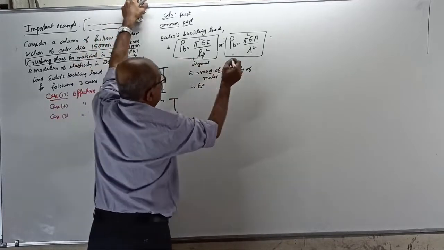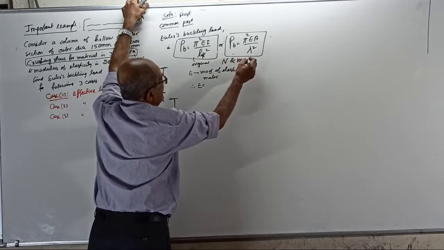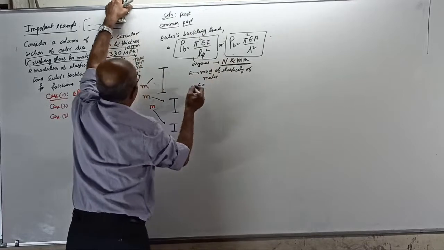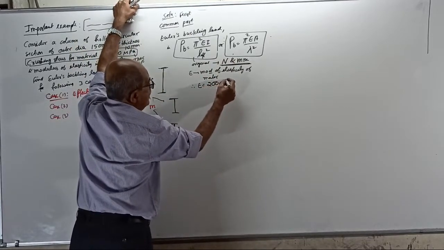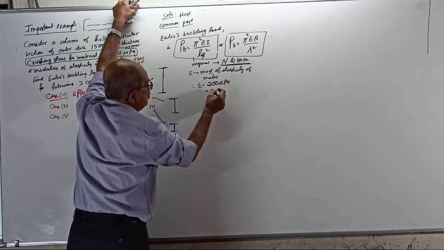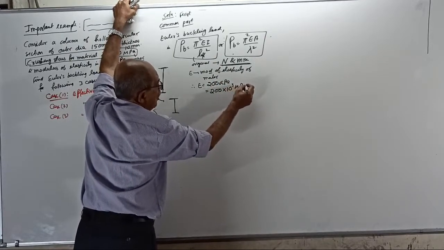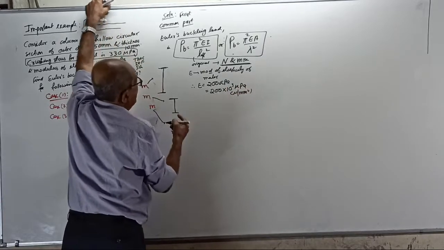When you solve in Newton and millimeter, remember, units are important. E equal to how much? 200 GPa, or 210 to the power 3 MPa. You know that MPa is Newton per mm square.